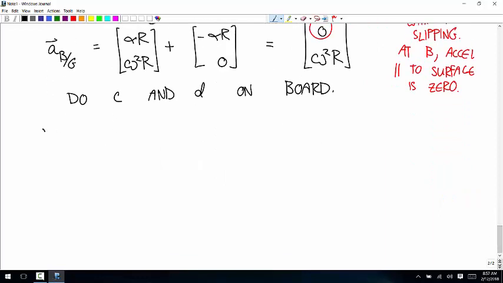Okay, so for part C, the velocity of the top relative to the ground is equal to the velocity of the top relative to the center, plus the velocity of the center relative to the ground.